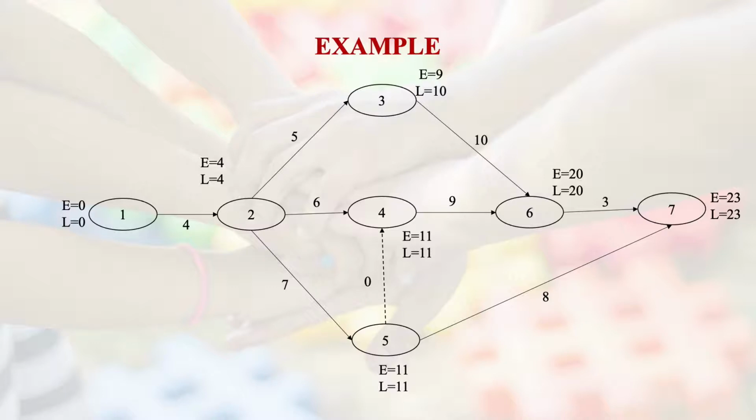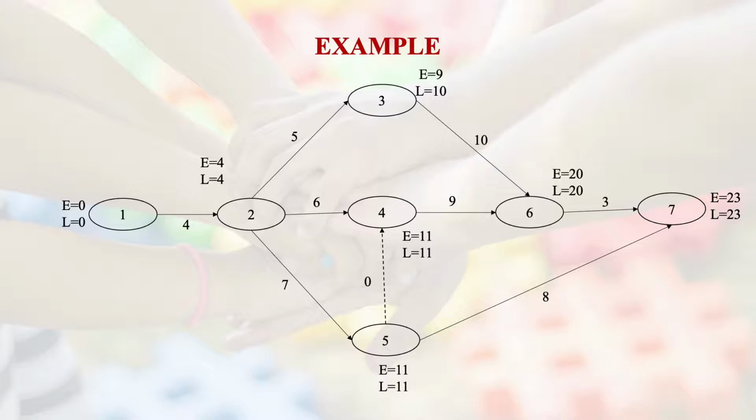So the maximum is taken and we get E equals 23. All right, so at this point of time, E is complete. So what do we do? We just go back.